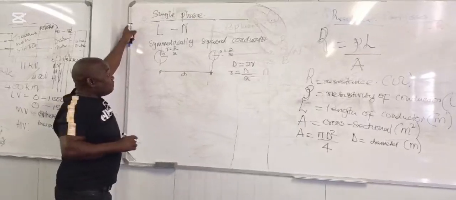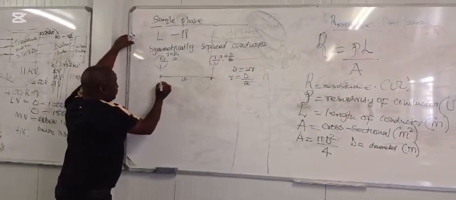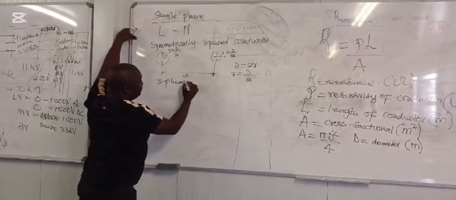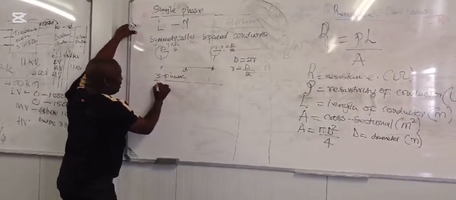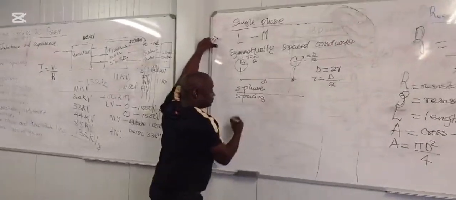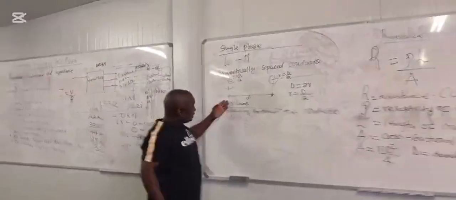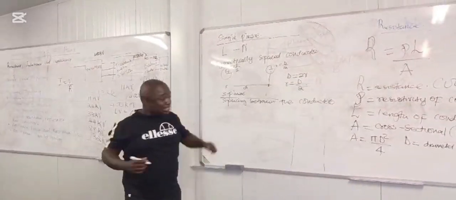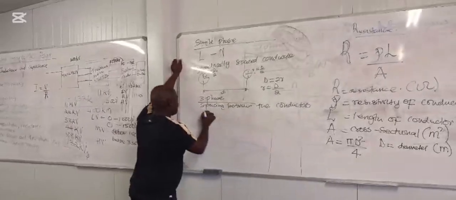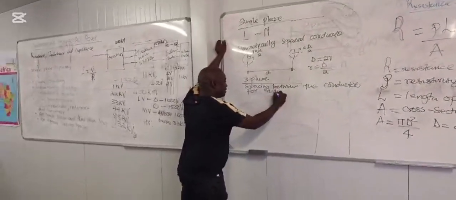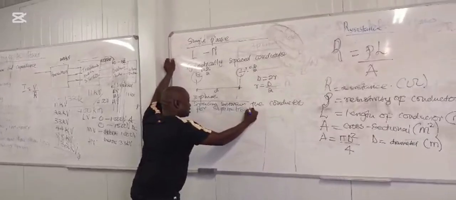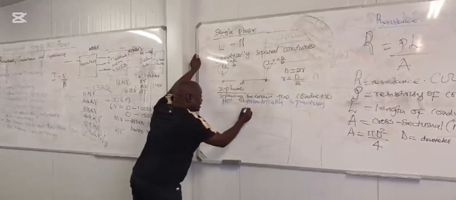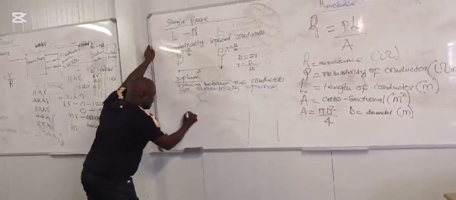Now, for a three-phase, the spacing between the conductors for symmetrically spaced conductors. Now, what does it mean? This is a three-phase. The conductors will be spaced like that, symmetrically to each other.